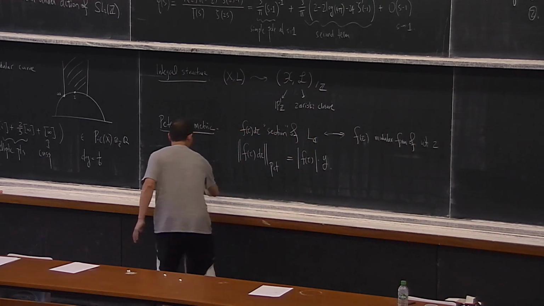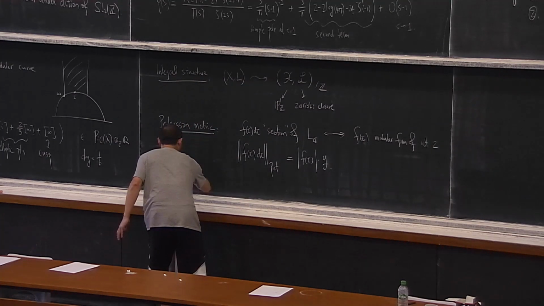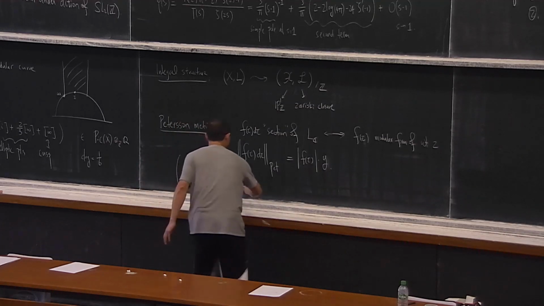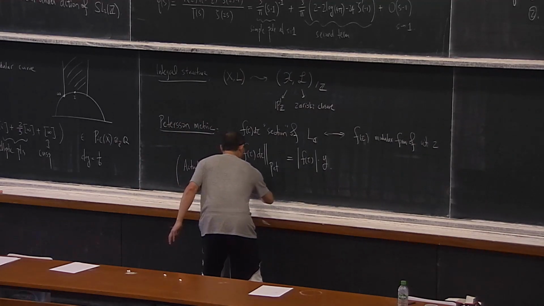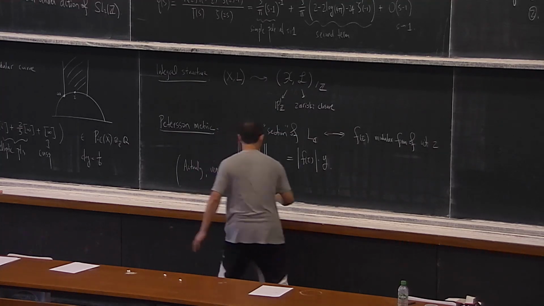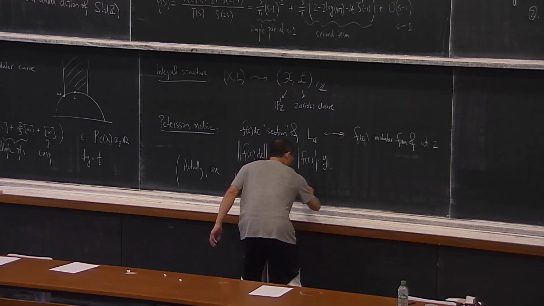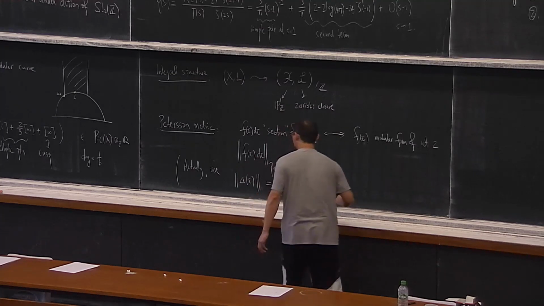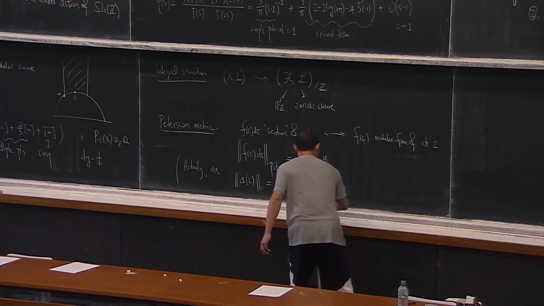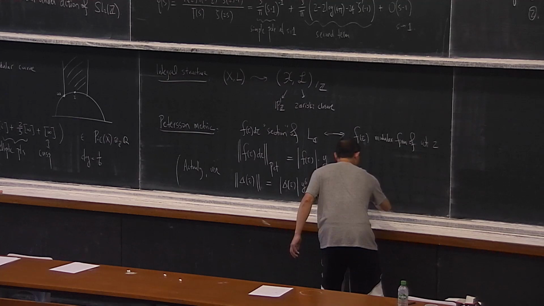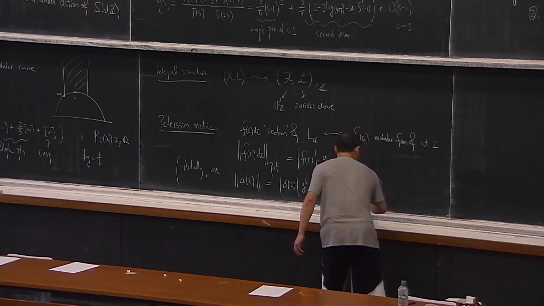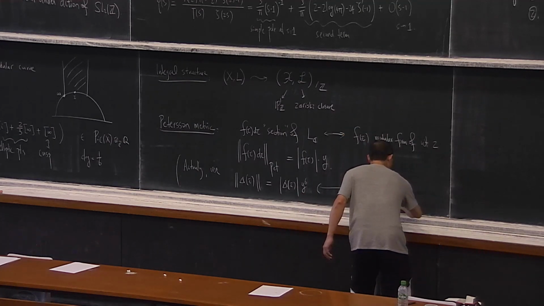So we use this Delta, Delta(tau) y to the 6. This is like sections of L tensor 6.